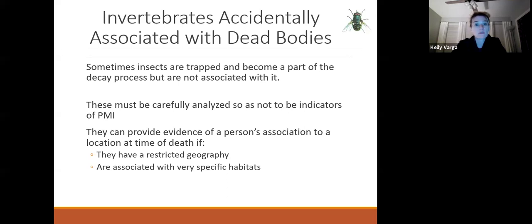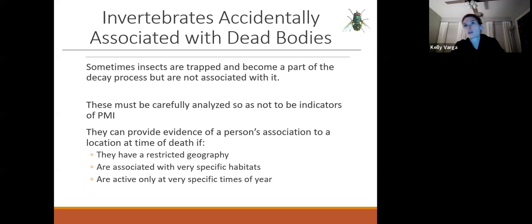But yeah, specific habitats, forest versus lakeside versus countryside. Or they are only active at very specific times of year. Again, these are all things that can help us to identify just aspects of where maybe a person was.